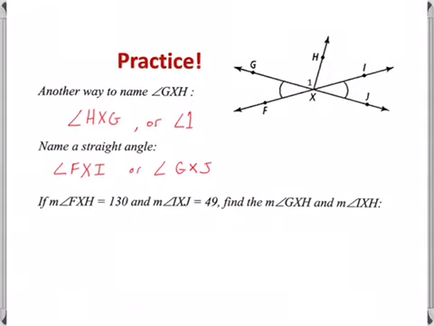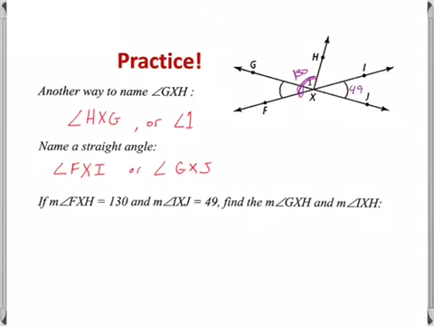And the last question here says, if FXH equals 130 and IXJ equals 49, find the measure of GXH and IXH. So let's go ahead and list what we know. FXH, which is this whole measurement here, is 130. IXJ is 49.